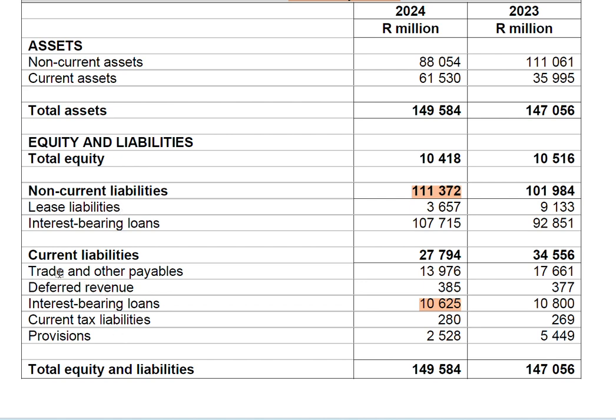Trade and other payables are within 12 months, so in most cases they don't attract interest. Similarly with deferred revenue, since it is a current liability of less than 12 months, it also doesn't attract interest. The provision, same, and the current tax liability, same.